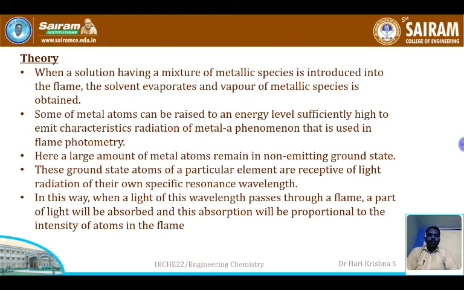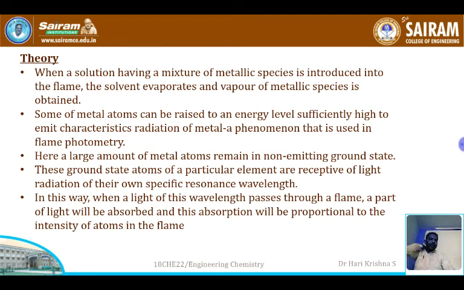So in flame photometry, what are we going to do? We take the sample and ignite it, or subject it to the flame. By absorbing the heat energy, the metal will get excited and go to the higher energy level. Since the higher energy level is not stable, it will come back to the lower energy level.